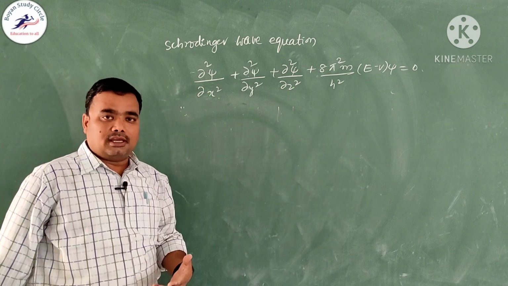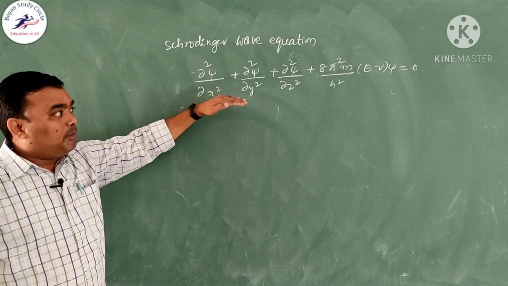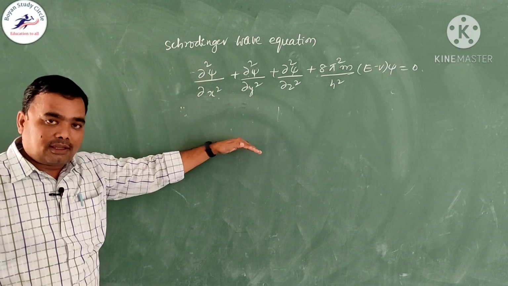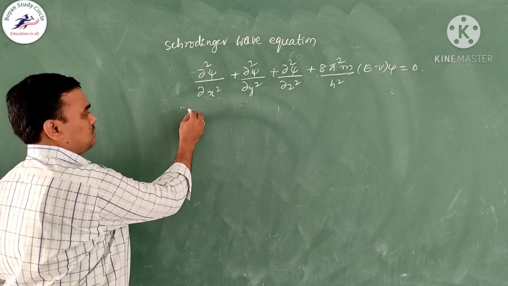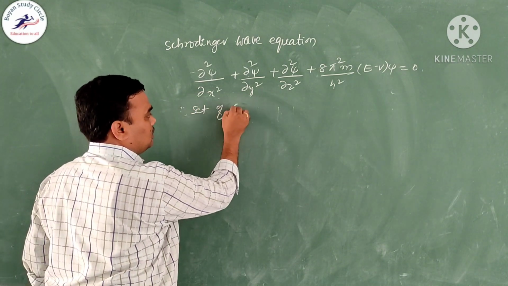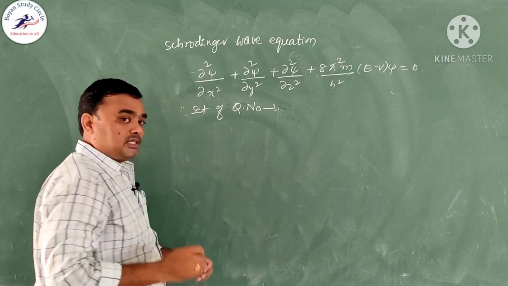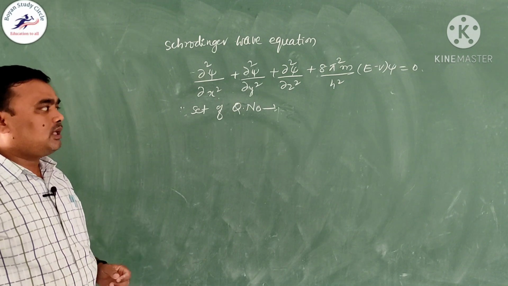What I am mentioning here is that by solving this equation, the quantum mechanical model derives a set of quantum numbers, which gives the complete address or complete information about the electron.